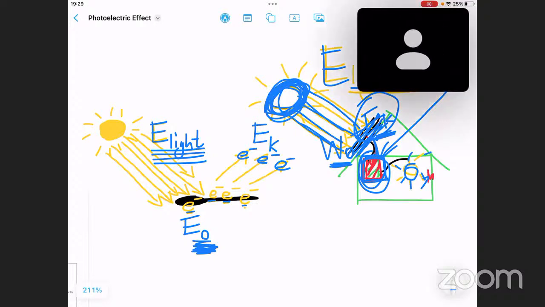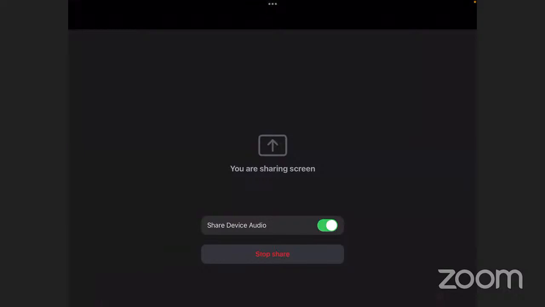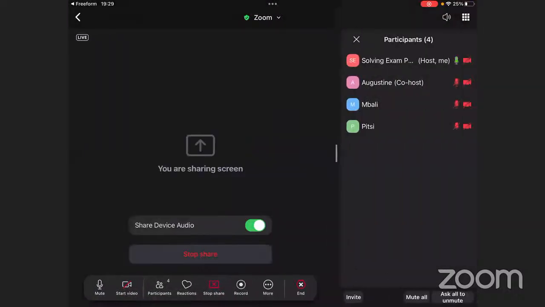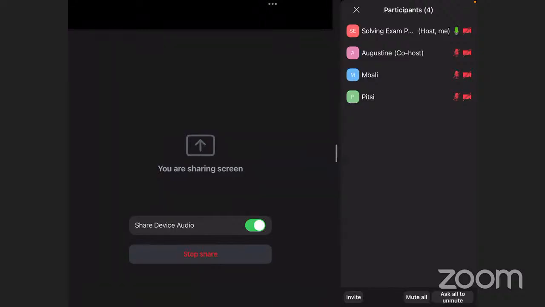Let me just quickly check if you guys have any questions for me. I haven't discussed anything that has to do with the calculations. I'm just explaining to you how I had to understand this topic. So let's see. Augustino, Mbali, Biti, any questions up to this point? I don't have any questions on my side.